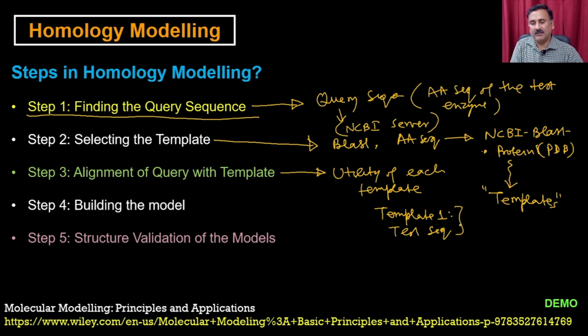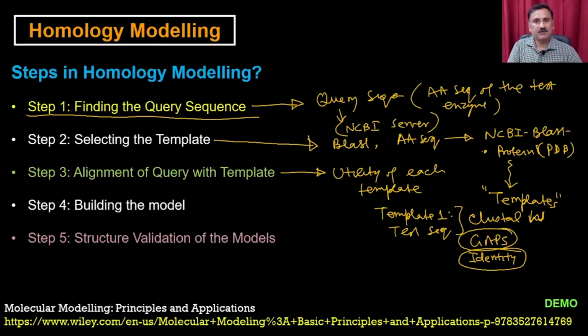You do a pairwise alignment using the program called ClustalW. When you do that, it will tell you wherever you have gaps and how much identity it has. If you have a very high number of gaps, or a very small identity, then it is not suitable, so in that case you will reject template 1.